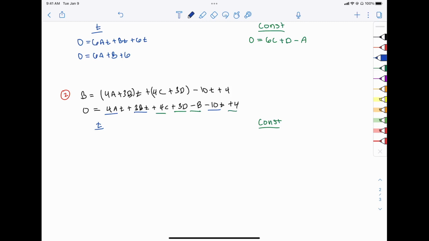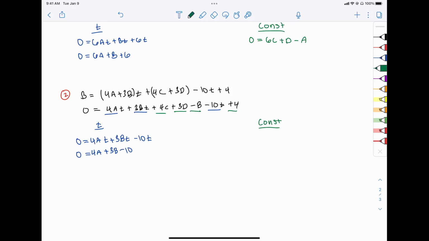So if we write these out, we get that 0 equals 4at plus 3bt minus 10t. Then we can factor out the t, and 0 divided by t is still 0. So we'll get that 0 equals 4a plus 3b minus 10.